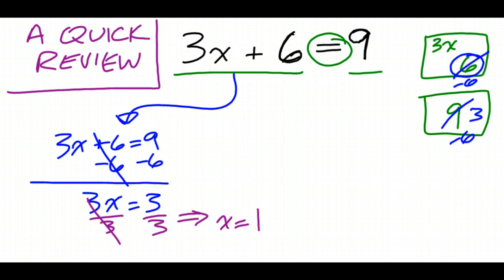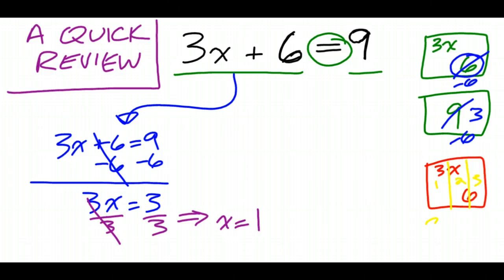The other strategy that we could use is to divide by 3 first. Draw a new box over here for 3x and 6. What that means is if we are dividing an entire side by 3, all of what we have in that box has to be split into 3 equal sets.